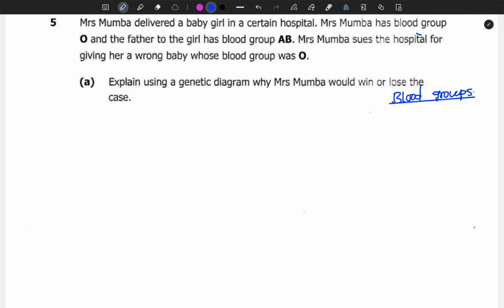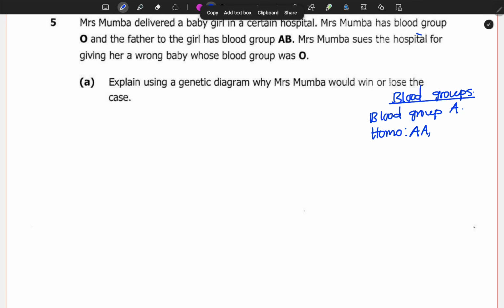So we'll begin with number 1, blood group A. So depending on the question, blood group A can be heterozygous or homozygous. So if blood group A is homozygous, then you are supposed to use the same letters. And AA cannot produce blood group O. It's not possible. For blood group O to be produced in an offspring, at least in each genotype, there should be an existence of O.